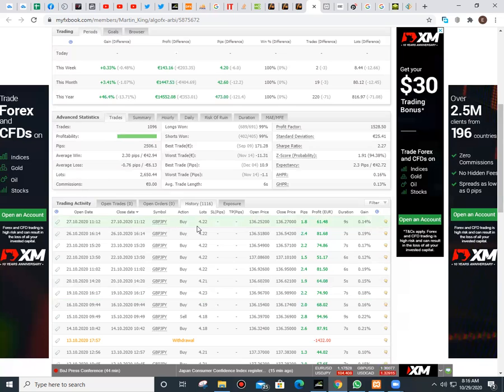So when increasing a lot size, increase it knowing that you're going to benefit more, because this doesn't make sense.